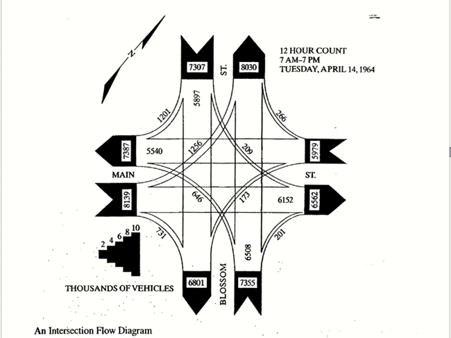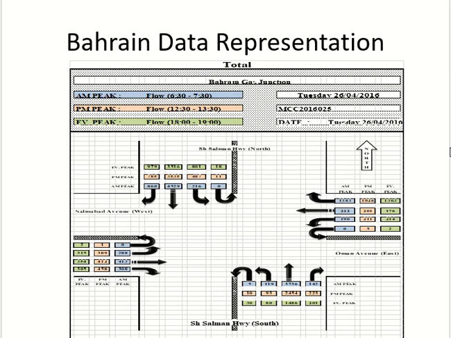And then we have this representation which is adopted in Bahrain, and normally when they show it like this, they can make a table as well. There is a table where they represent data for the whole day. But if they are only doing it for the peak hour, then this is how they do it.